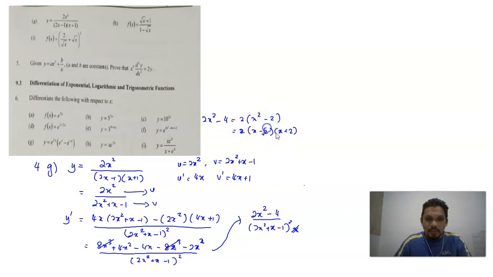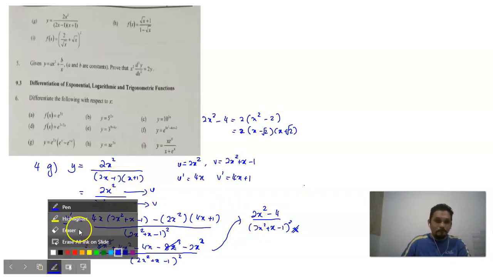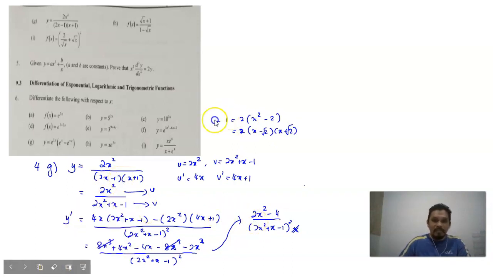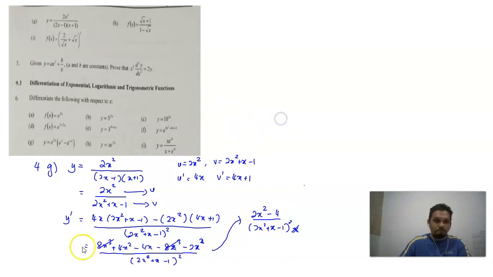Okay, this one should be square root of 2 and square root of 2. Okay, not matched with this one, so that's it. Doesn't match, so we can't divide by the same factor. Okay, question number 4G. Okay, question 5.